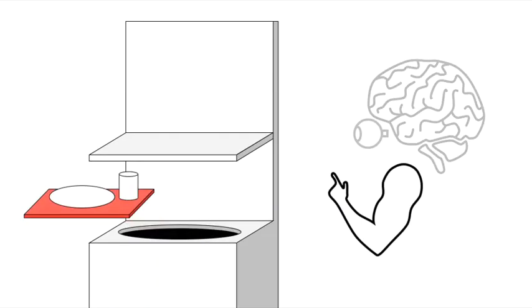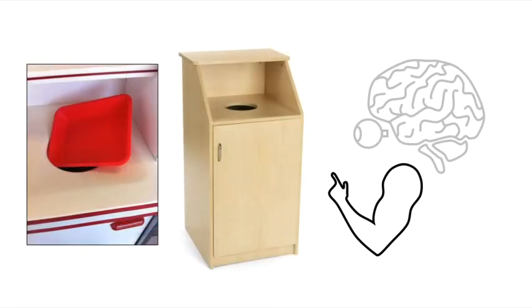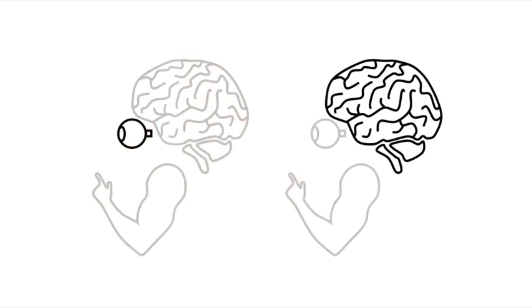So what can we do? The most effective solution is to simply make the hole smaller, so it's impossible to throw the tray away by accident. And that's what a number of restaurants do to solve this problem. We can't rely on our eyes or brain to prevent errors 100% of the time.